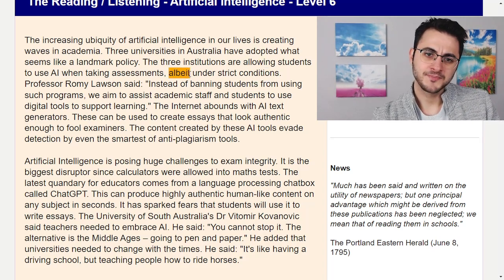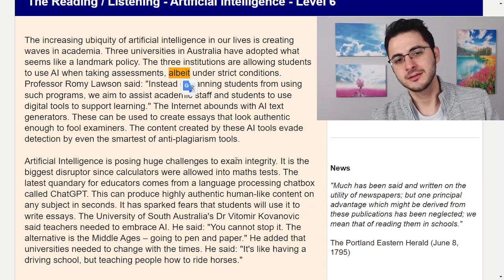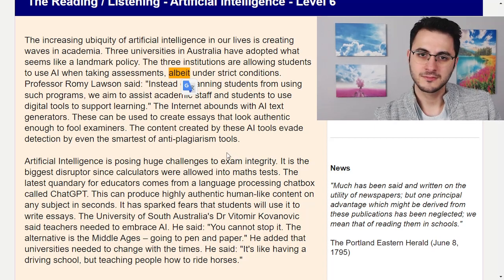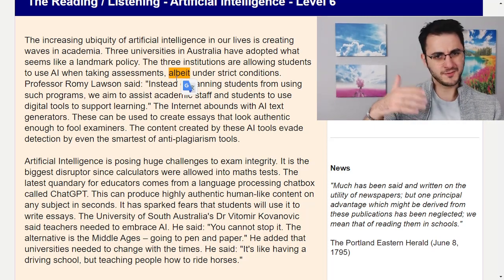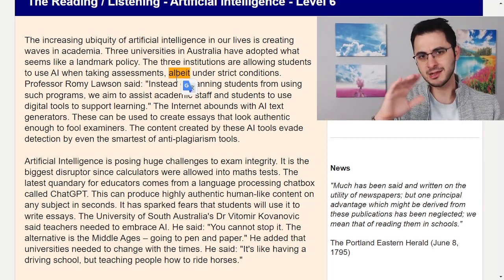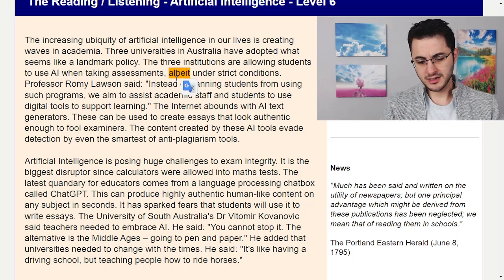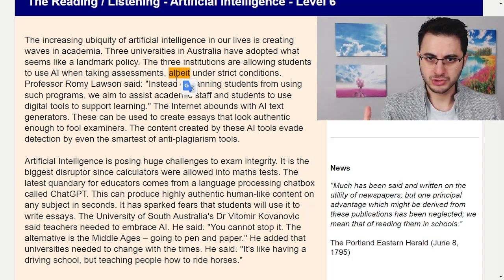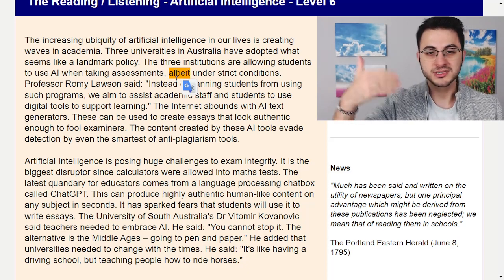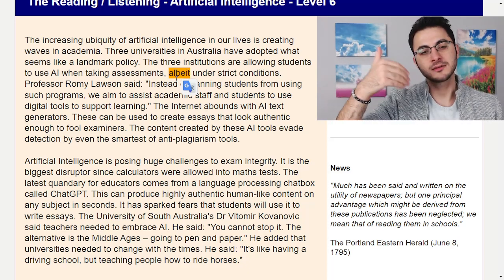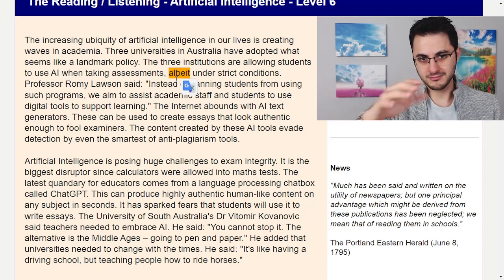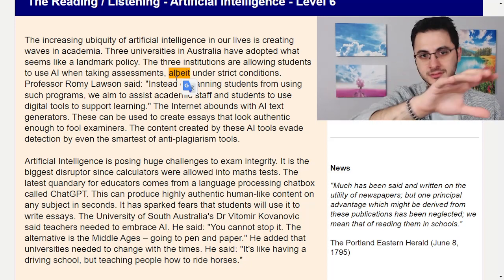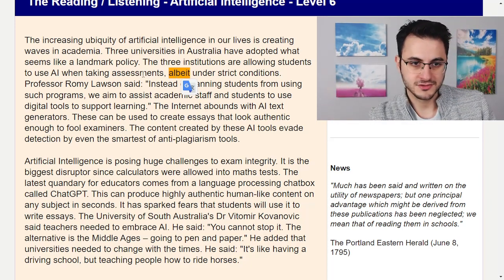Albeit means even if. Its meaning is closer to even if. So even if it's under strict conditions, they allow it. And strict means very tight rules. There are rules on how the students can use AI, but even under that situation, the AI is still allowed.